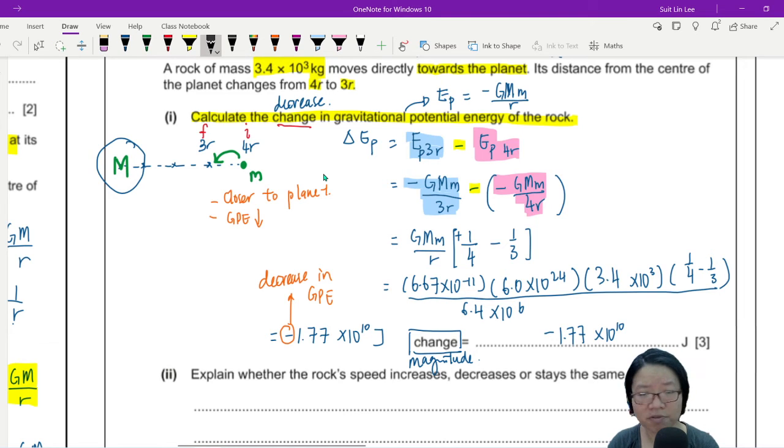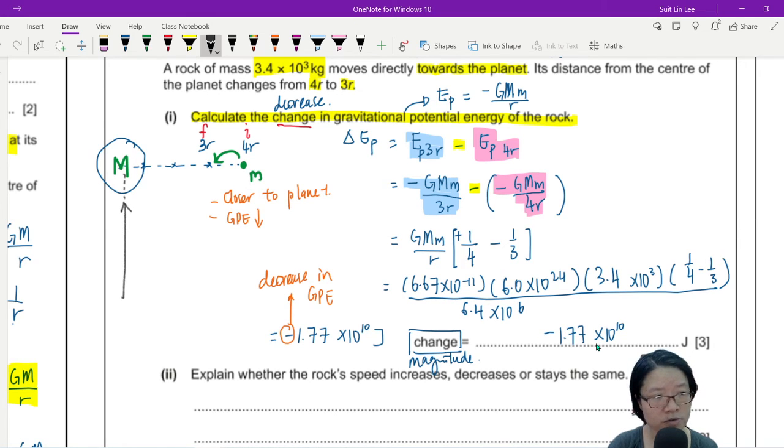But both values are okay. You want a positive also can. Positive is only the magnitude. Negative is a more accurate description because it doesn't only tell me how much it changed, it also tells me information about whether it decreases or increases. Okay, and it sometimes can be important if you continue the question to part 2.